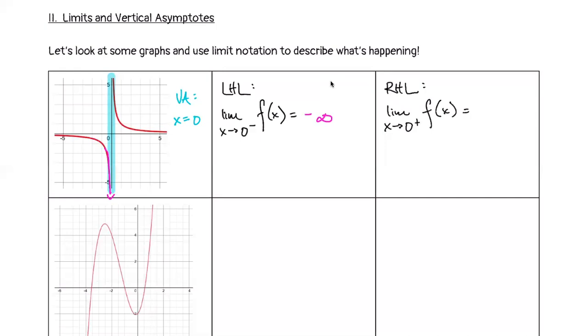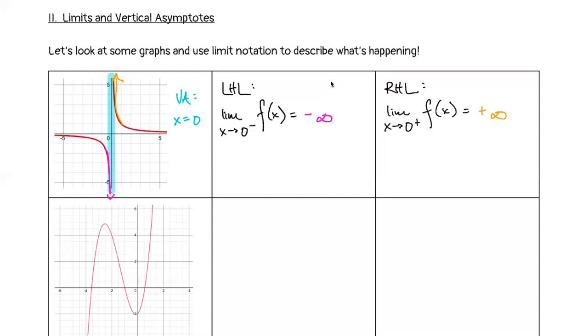And what y value is this function getting close to as we come from the right-hand side of 0? Let's check that out. From the right-hand side, sure does look like it's going way up. And so we can say it goes to positive infinity. Does that make sense so far to people?